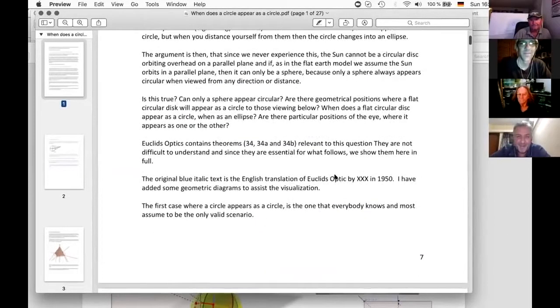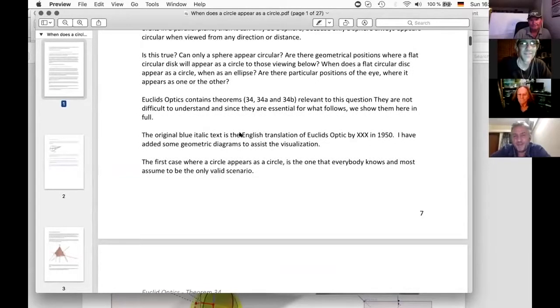And I found an old English translation of Euclid's Optics. Euclid did not only do the Elements of geometry, Euclidean plane geometry, he also wrote a pamphlet about optics. And the very first English translation ever made was in 1950. You've got to believe that, right? It's amazing.